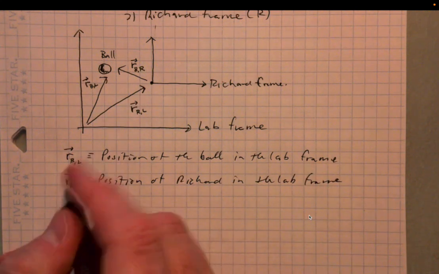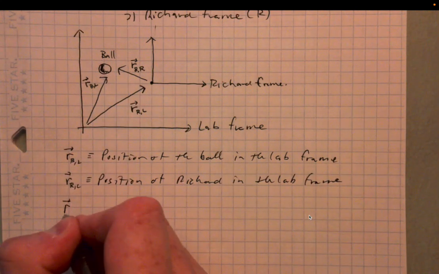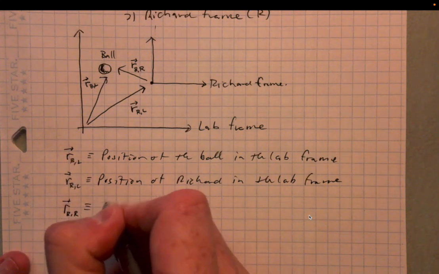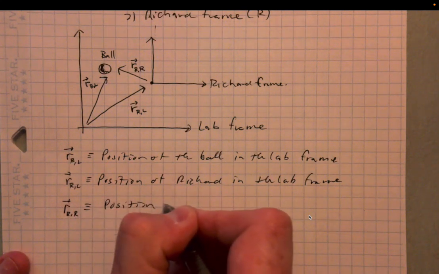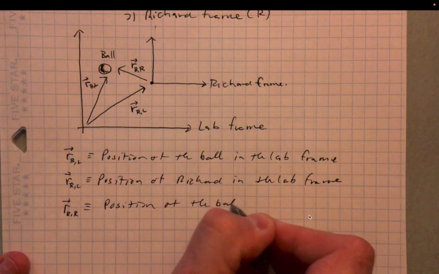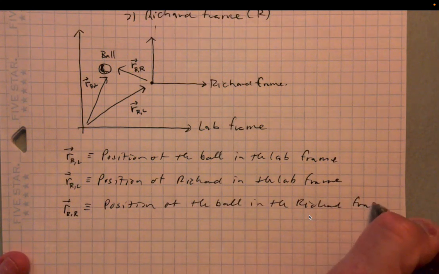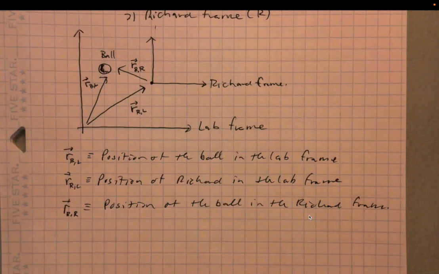And finally, we would have the position of the ball inside the Richard frame. Right? So these are just position vectors, right?